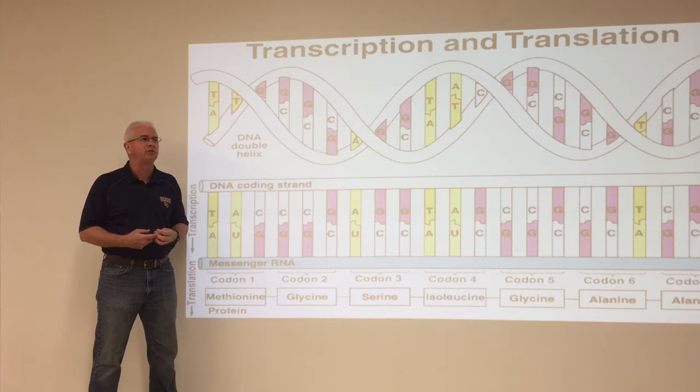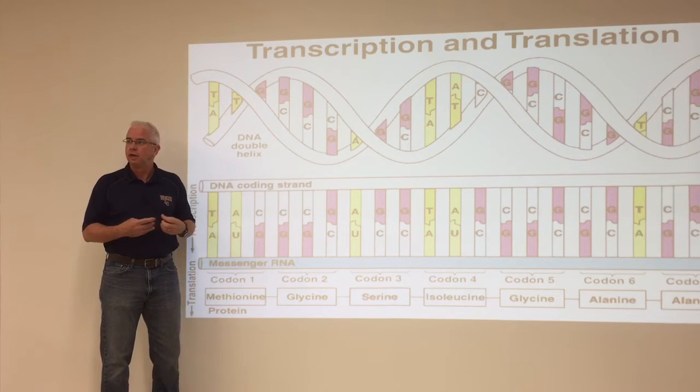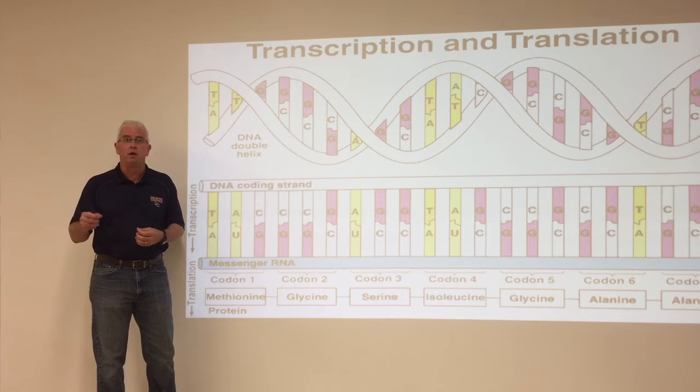And it can have catastrophic consequences. Cystic fibrosis, sickle cell anemia, various versions of other neurological disorders, and many, many others that have been discovered over the last 15 years because of the Human Genome Project, tell us that it's very important.